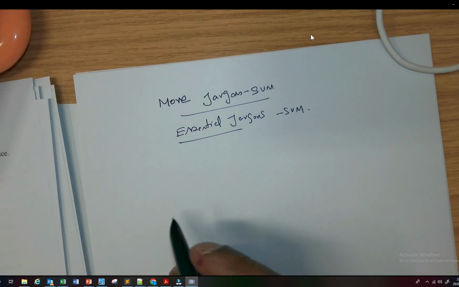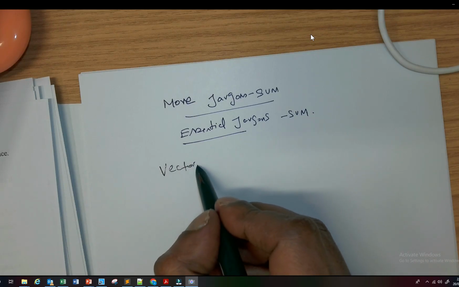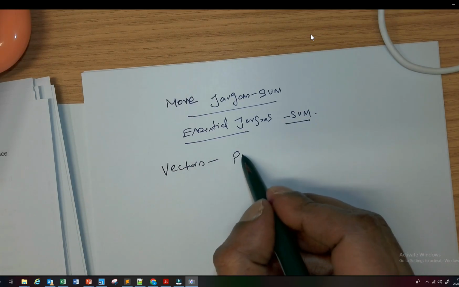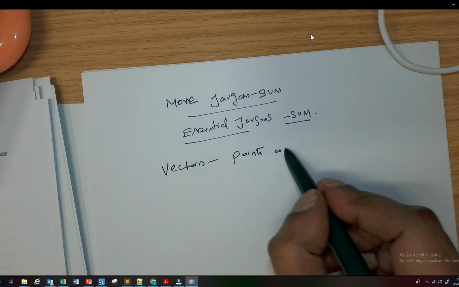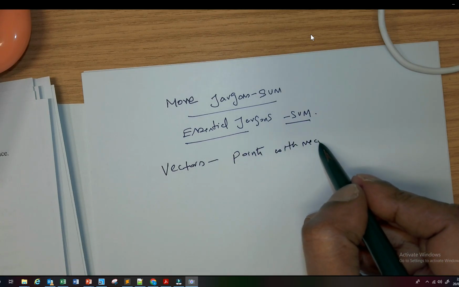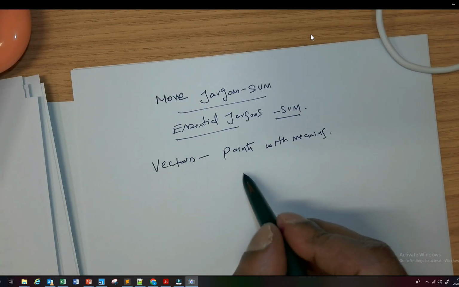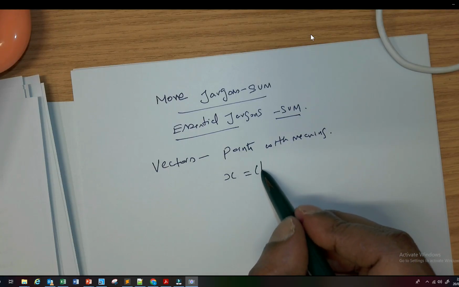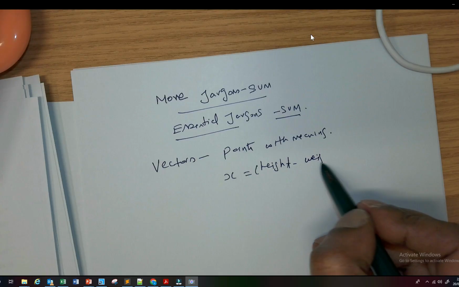So let's begin by explaining something called vectors. How do you define a vector? Vectors in the language of SVM are points, nothing but a point with meaning. Point with meaning, what does that mean? You can measure the height and weight of students. Let's say we measure the height and the weight of the students.